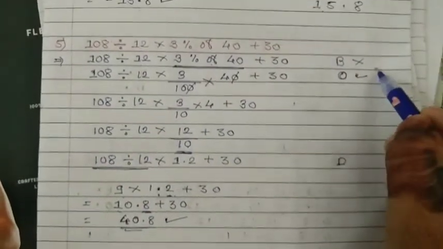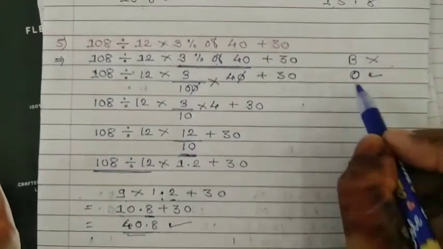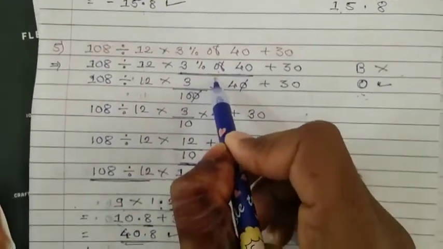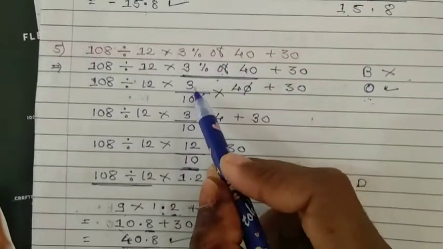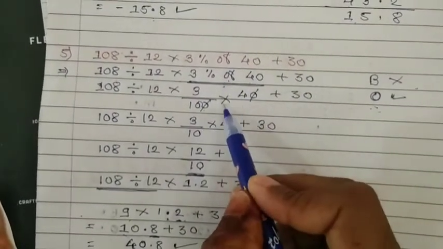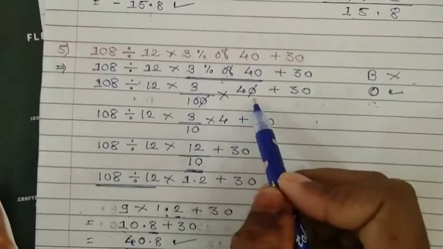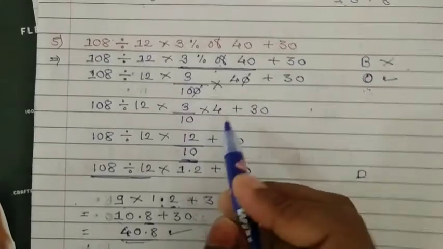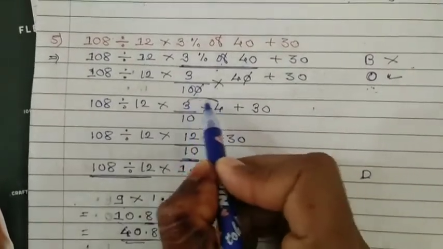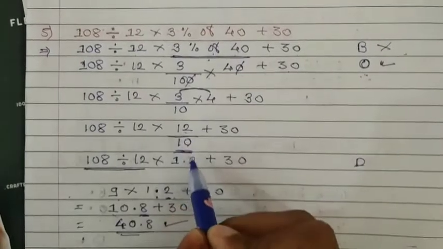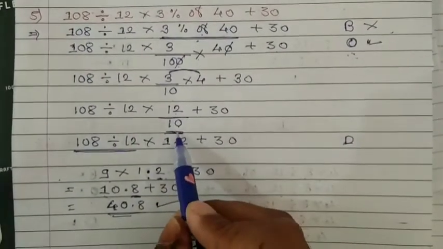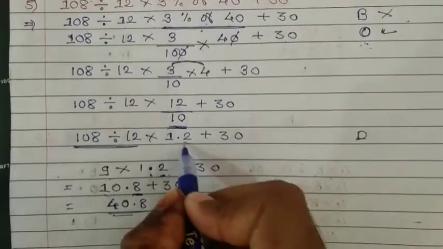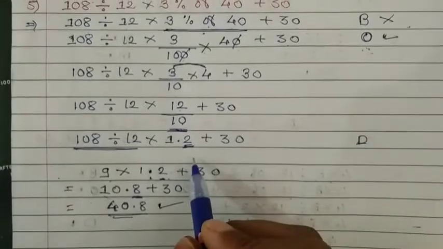Firstly, is there a bracket? No. Then "of". Is there an "of", and in which form? Percentage form. 3% means 3 by 100. Of means multiplied. 3 by 100 into 40 plus 30. So how much? 3 by 10 into 4. 3 fours are 12, 12 divided by 10. This is a single zero, so we put a point before the single digit, that is 1.2.